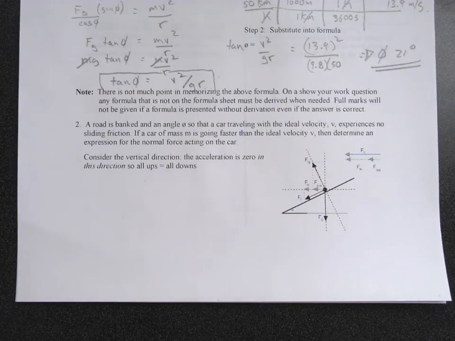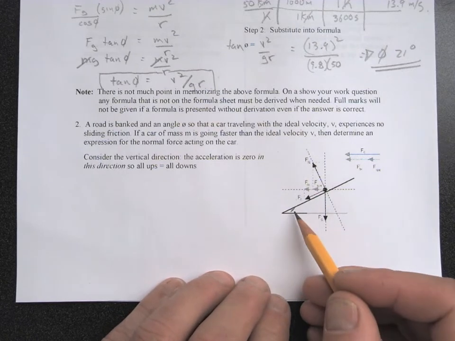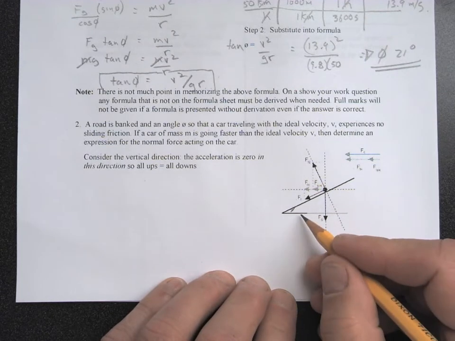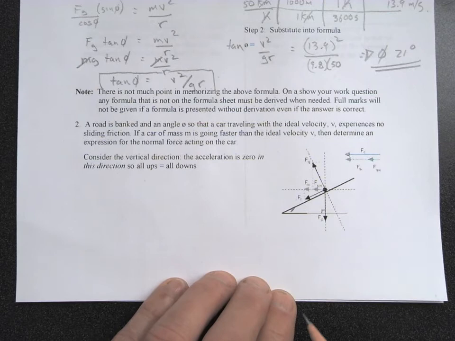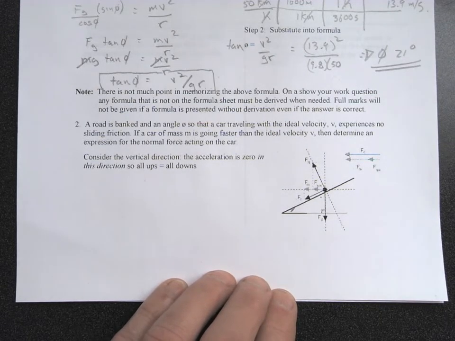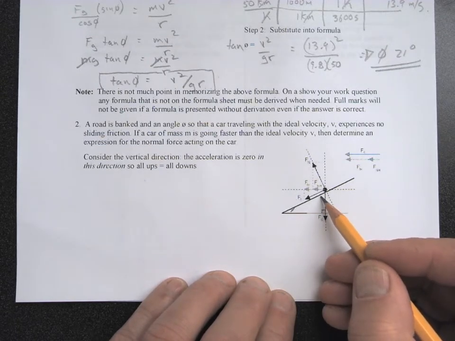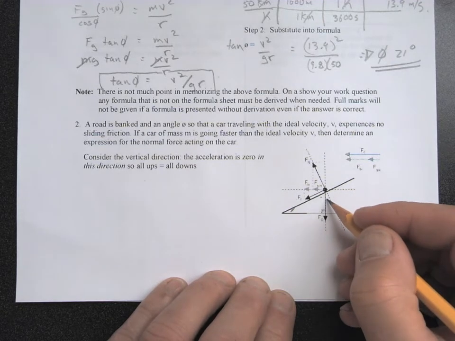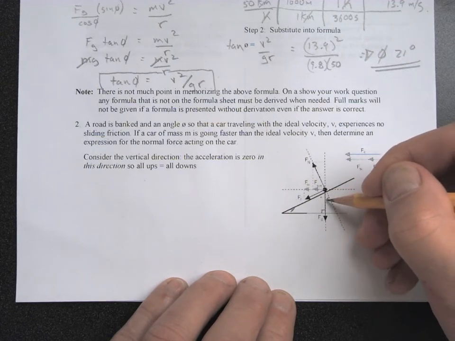So the diagram's given. Here's angle phi. We need to transfer this angle up into all the other triangles. So I just continue this line out to here. There's my 90, and I could call this angle dot. We already know that phi plus dot is worth 90 because 90 plus 90 is one angle in this triangle. So that gives me angle phi right here, and I can see that's a vertically opposite angle right there.